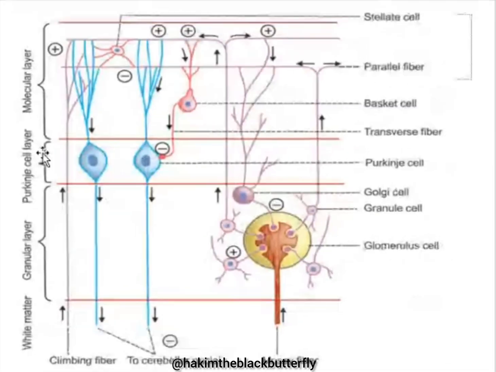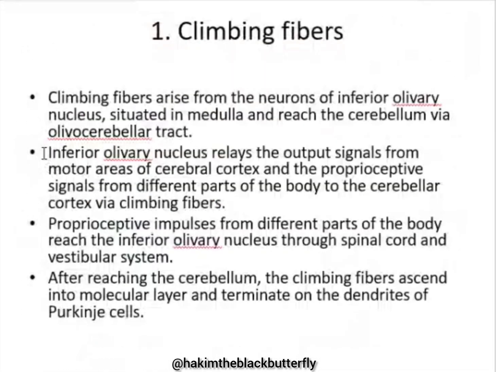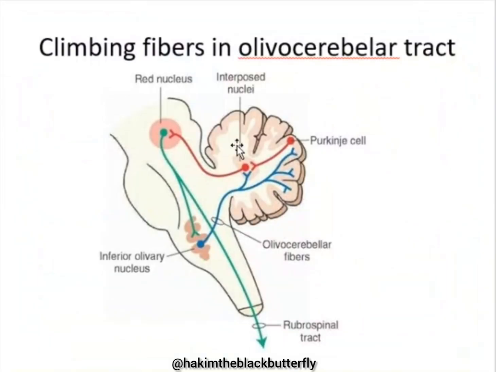Let me see whether I have other illustrations which bring it out clearly. You can see this is the cerebellar cortex, the outer layer, and this is the cerebellar medulla, which is the white matter in the core. And inside the cerebellar medulla, we have the nuclei of the cerebellum.